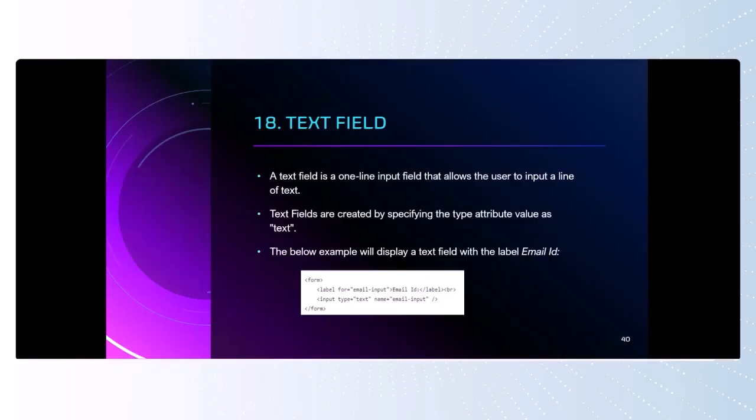The text field is a one-line input field that allows the user to input a line of text. The type attribute is text. In the example of the text field, we have the label, and then we have the input with the type of text, and then we give it a name so that we know what this is.